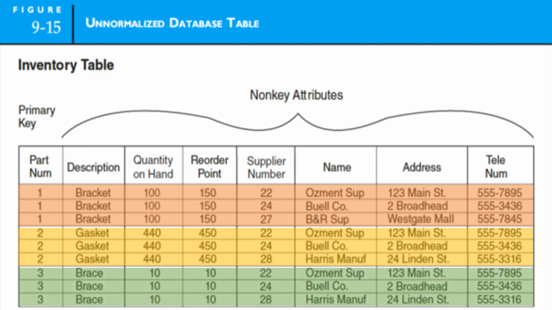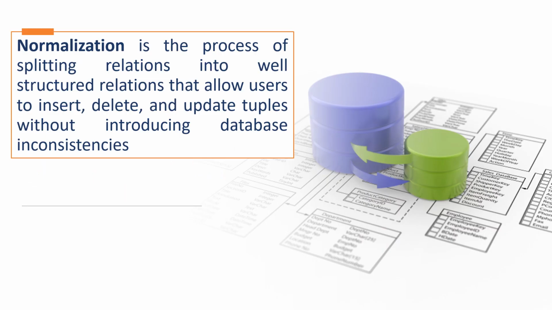That is what we call unnormalized database tables. We will see how we can overcome this issue by following the steps of normalizing the database tables, having talked about the database anomalies that cause problems in table normalization.